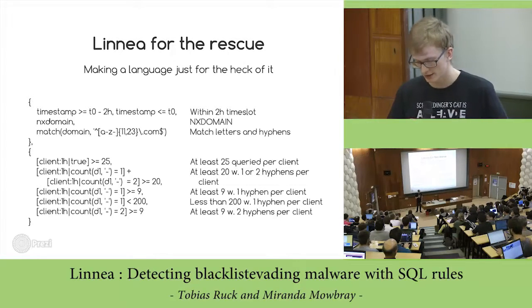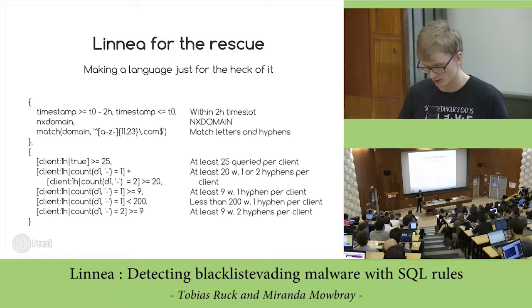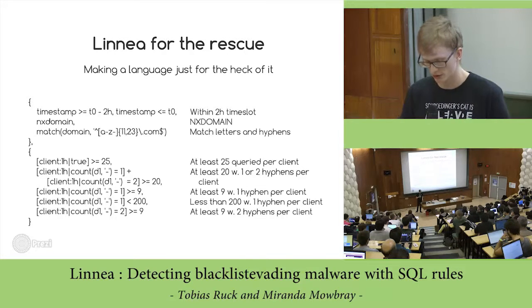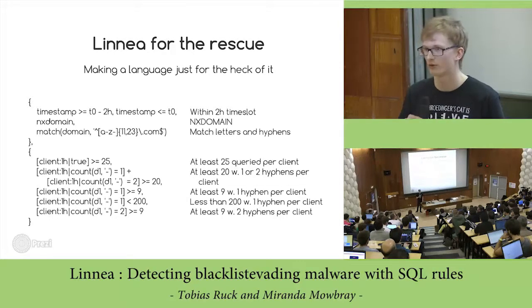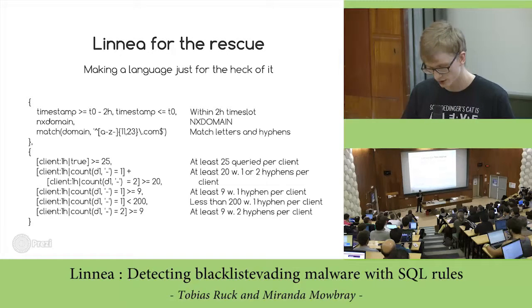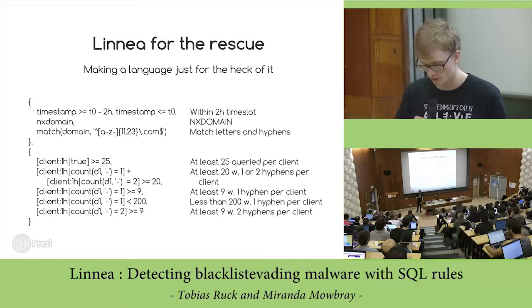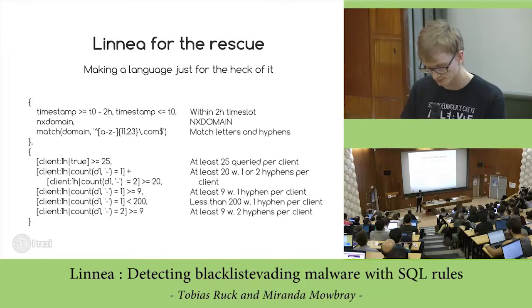We check if there are at least 20 domains with 1 or 2 hyphens per client within 1 hour forward and preceding. And we check if there are between 9 and 200 with 1, and at least 9 with 2 hyphens per client within 1 hour forward and preceding.